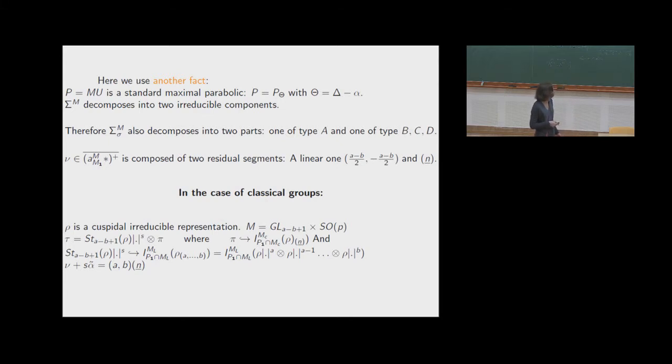So in this context, the lambda, the parameter, we have this sigma lambda we need to describe. This new lambda equal nu plus S alpha is just the gluing, if you want, of this linear segment AB and this N underline, which is a residual segment of type A, B, C, or G. So in this context, it's type C, actually.